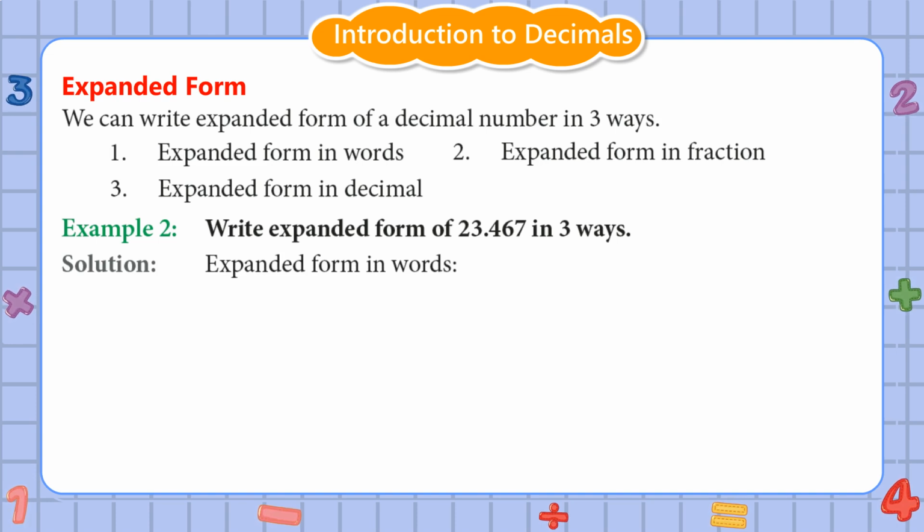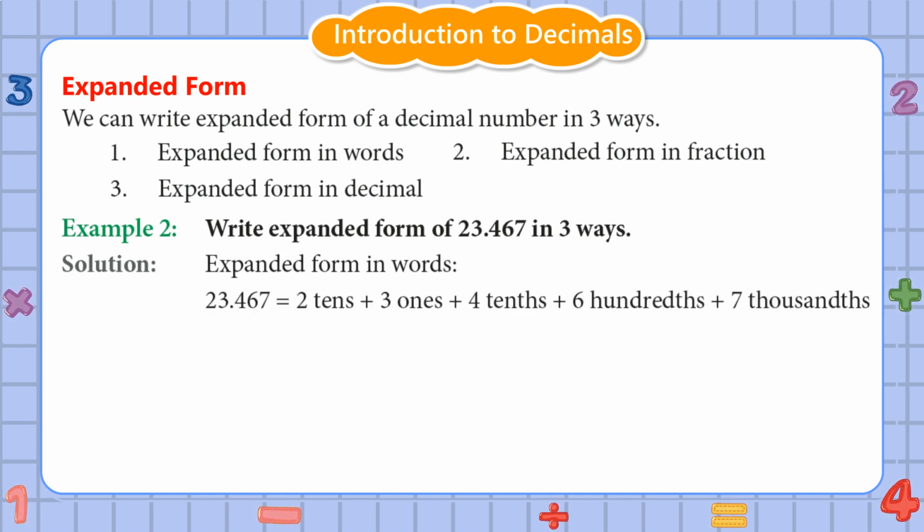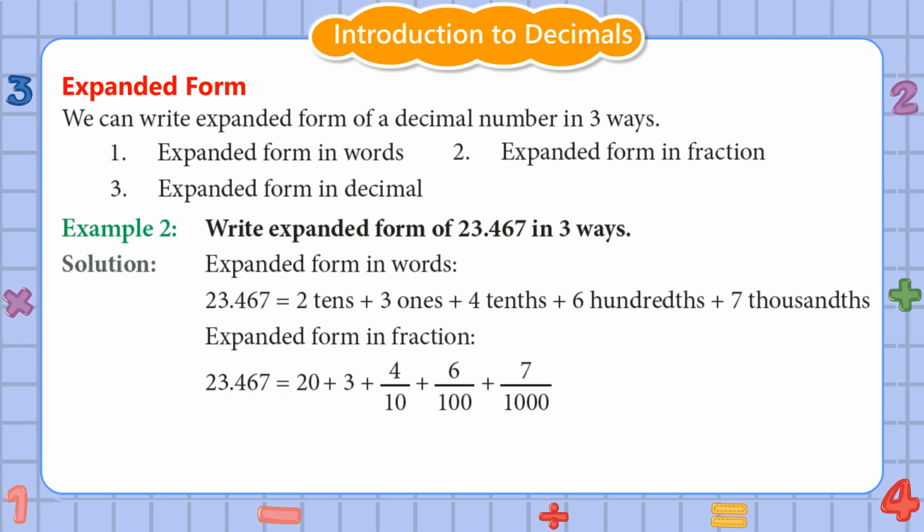Solution. Expanded form in words. 23.467 is equal to 2 tens plus 3 ones plus 4 tenths plus 6 hundredths plus 7 thousandths. Expanded form in fraction. 23.467 is equal to 20 plus 3 plus 4 upon 10 plus 6 upon 100 plus 7 upon 1000.